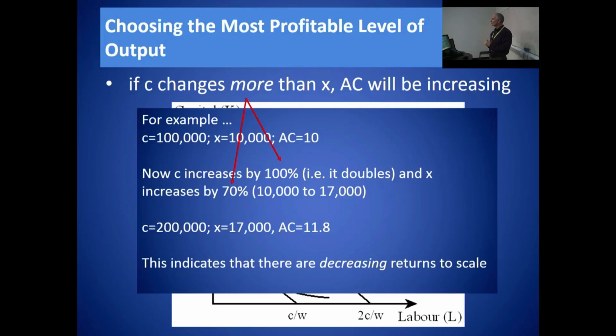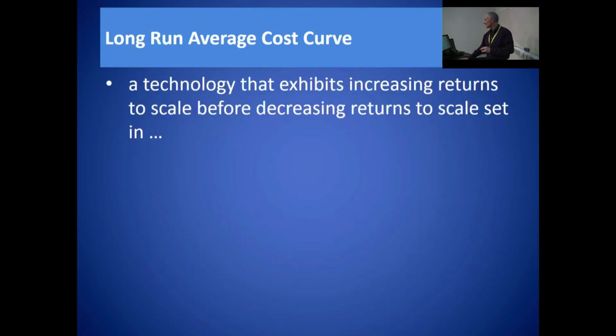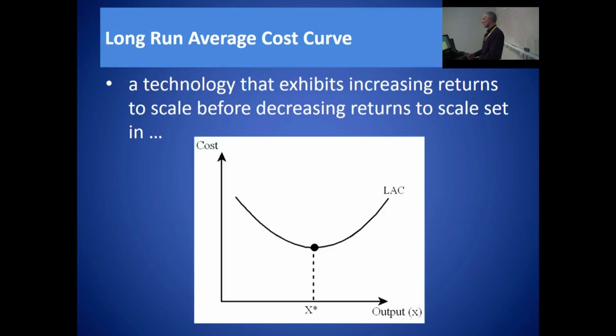So now that that is clear, what can we say? Well, we can say a technology that exhibits initially increasing returns to scale before eventually decreasing returns to scale set in will have a long run average cost curve that looks like that. Exactly what we said at the beginning.